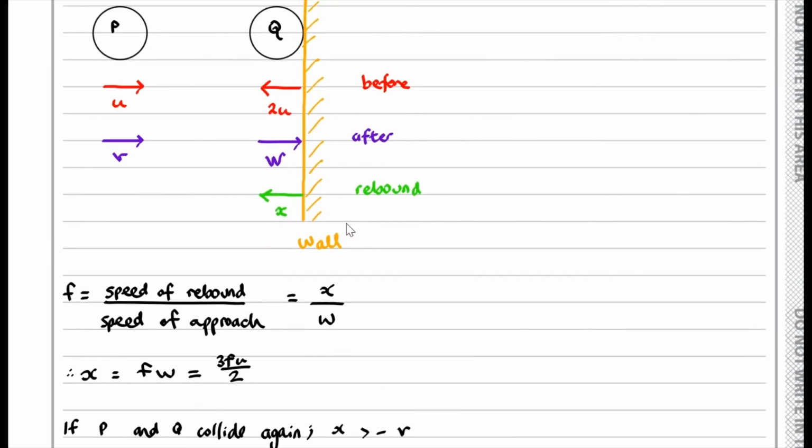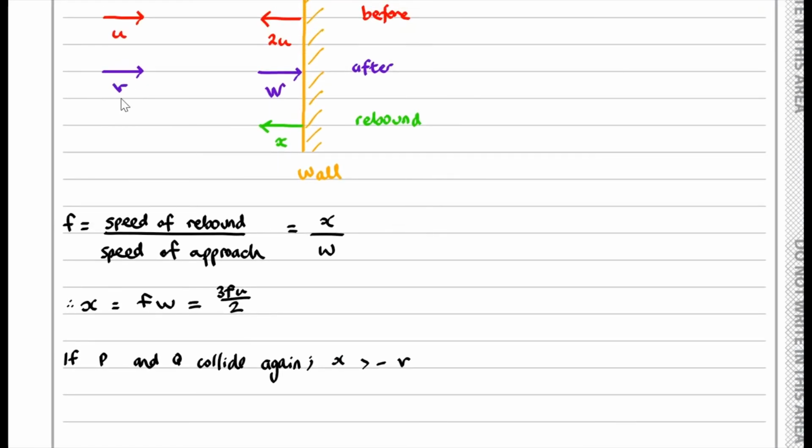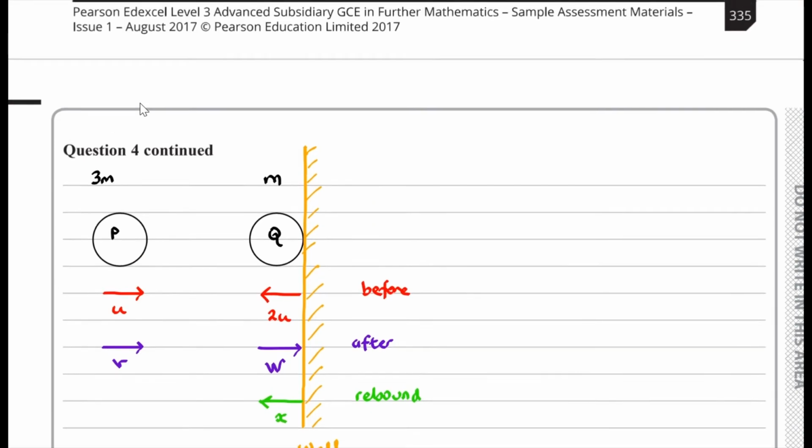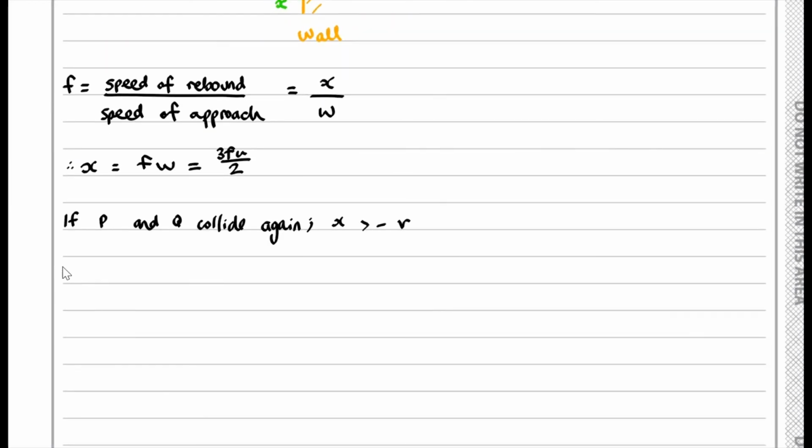That's because if we take left to be positive this time, obviously w is pointing towards the right, we see that x is greater than this speed over here. So we already know what v is. We found v to be minus u over 6. So we have x, which is 3fu over 2. This is greater than minus v, so we have minus minus u over 6.